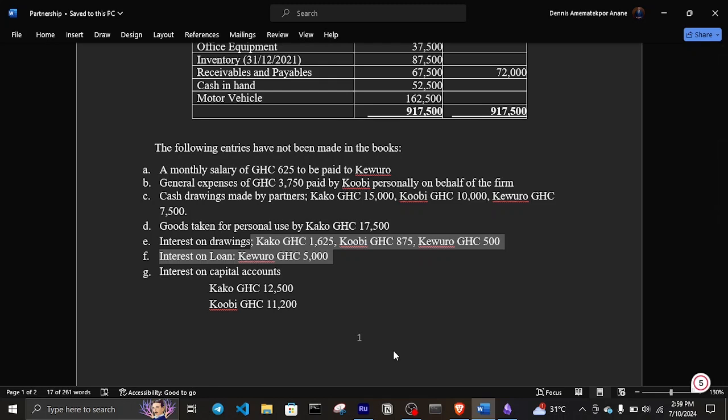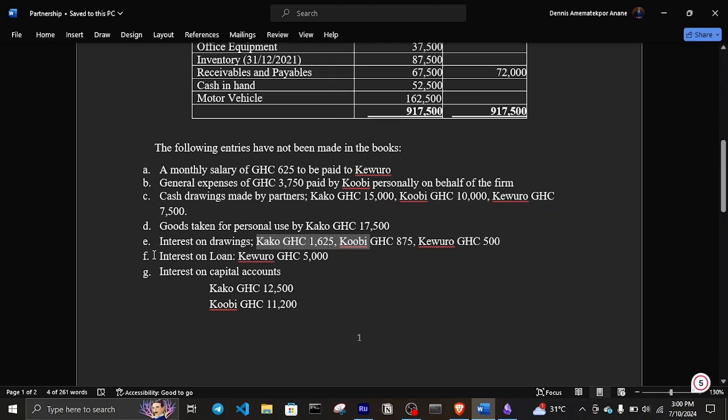This interest that the business charges the partners increases the business's profit. So this interest adds up to the profit that the business is making, so we add it to the business's profit. So for Kaku, 1,625, for Kero, 875, and 500 cedis. We add all of this to the adjusted profit.